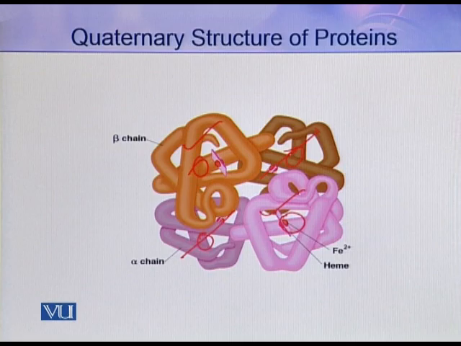So a hemoglobin molecule contains 4 subunits, in which 2 alpha subunits are similar and 2 beta subunits are similar. So in this way, you can say hemoglobin is a tetramer.